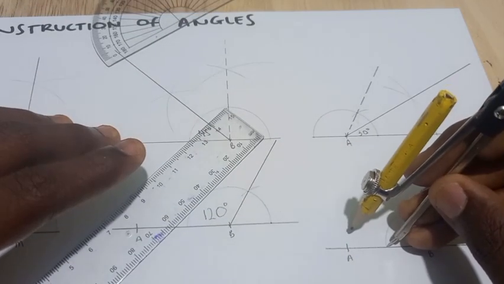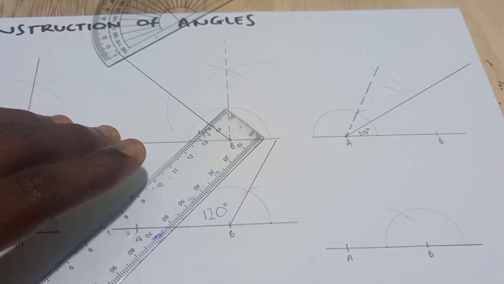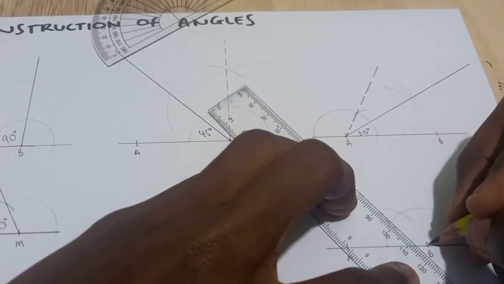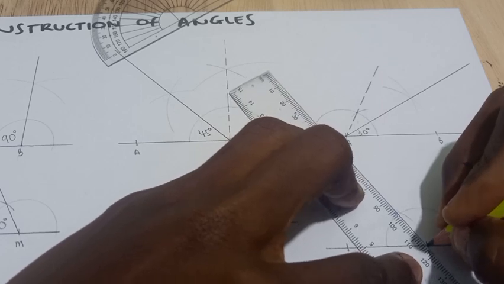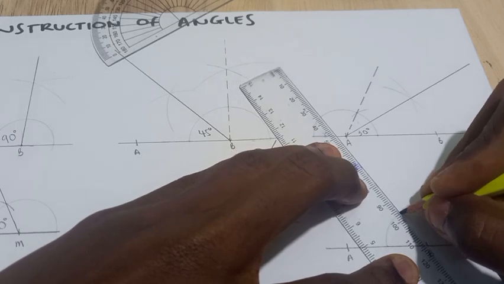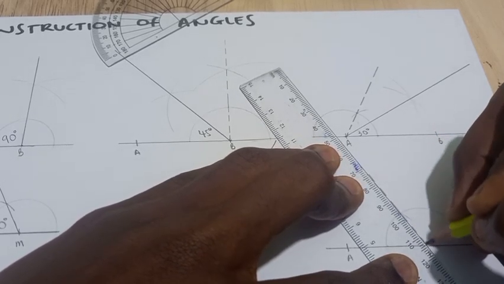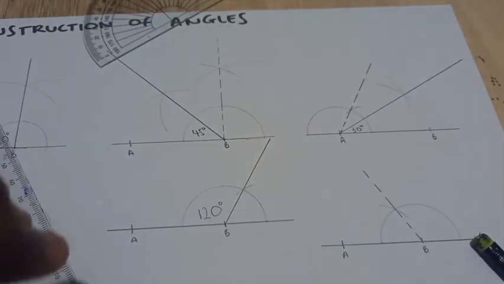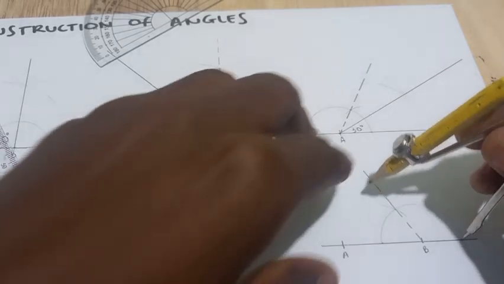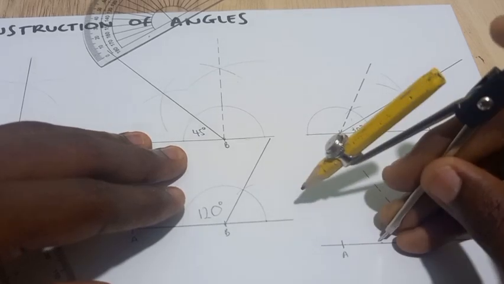So we first arc because we need the angle 60, with the same radius. Once you're done with that, let's draw short dashes, and draw angle 90. Open a big radius. Arc comes down on this point.